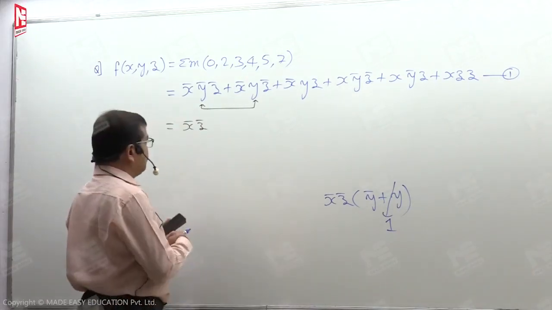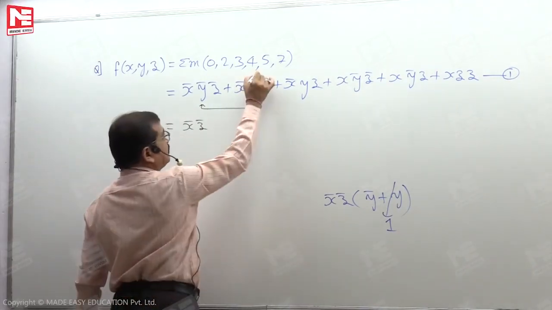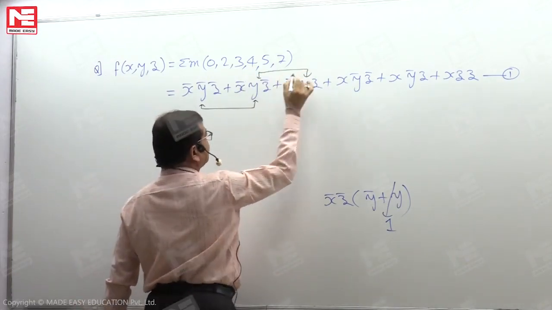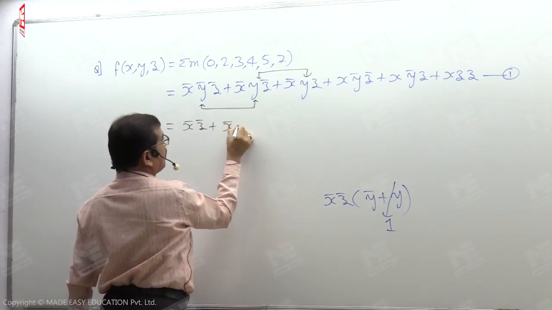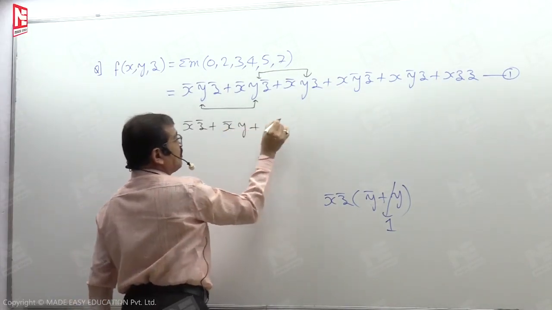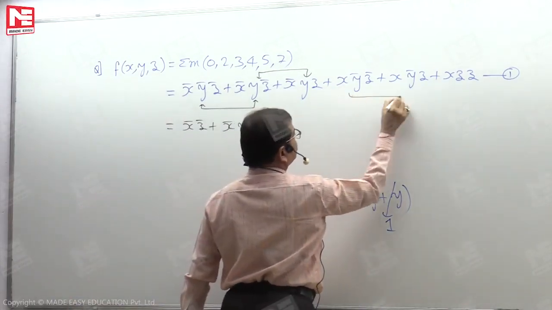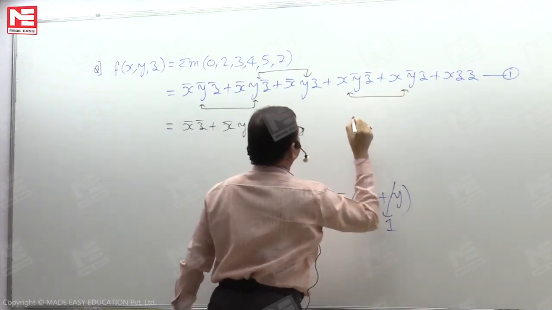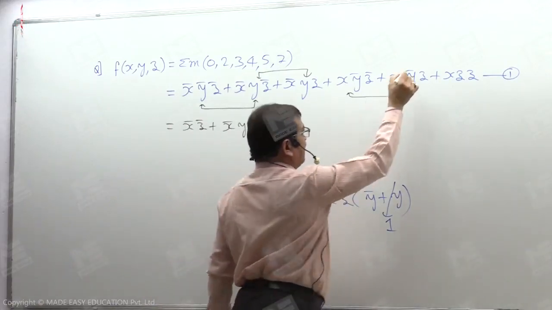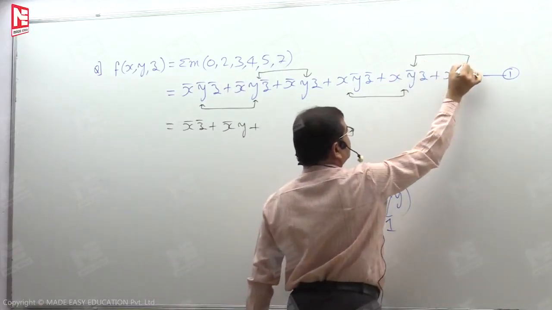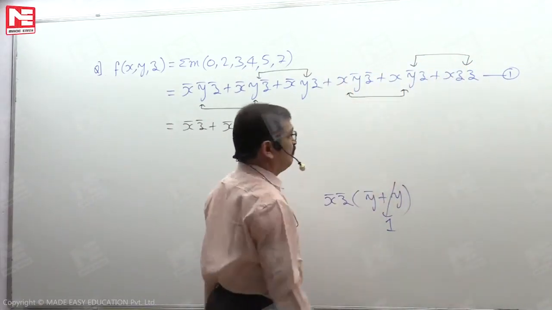Like this, we have the possibility to group the second and third. While grouping the second and third, the product will be X complement Y. We have the possibility to group the fourth and fifth, and also the fifth and sixth.